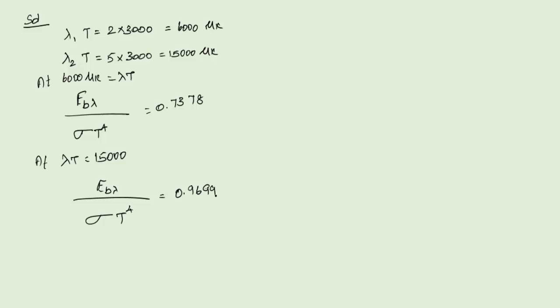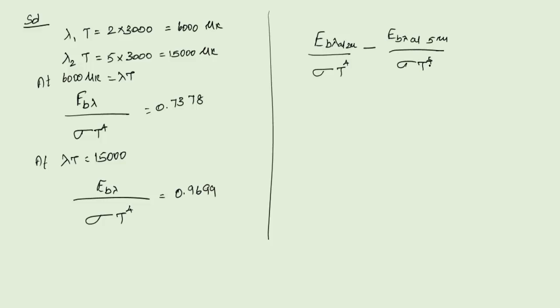Now you have to find the value in between this interval. So E_b lambda at 5 micron divided by sigma T to the power 4 minus the value at 2 micron. Just subtract these two values, and you will get 0.2321.